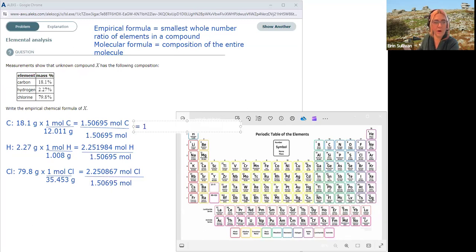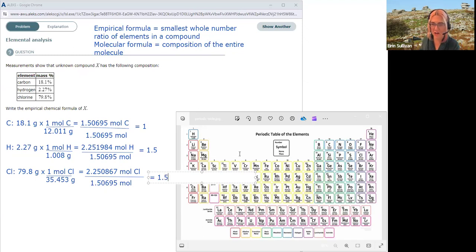So that's going to be 1, and 2.25 divided by 1.5. If you need to, use your calculator, that's okay. But at this point, we're not really worrying about more than about 0.1 in terms of sig figs. So that gives me 1.5. One decimal place is fine at this point, especially if you're doing this in a lab for an actual practical experiment.